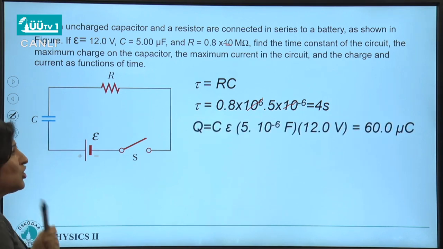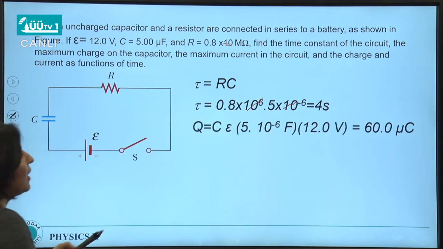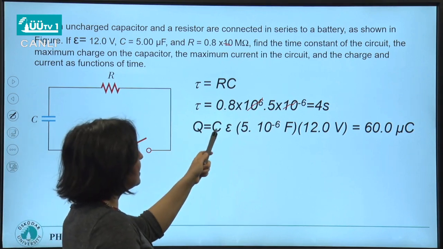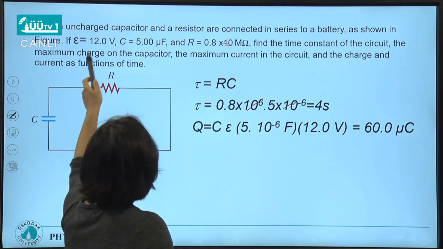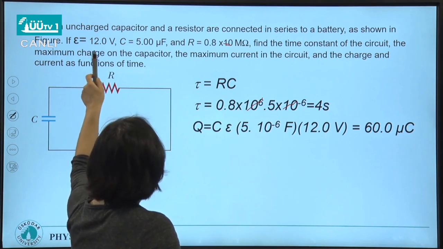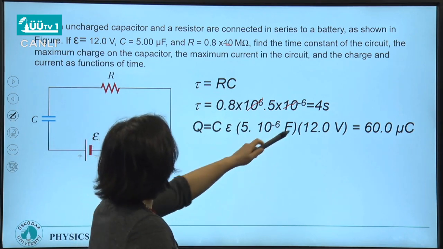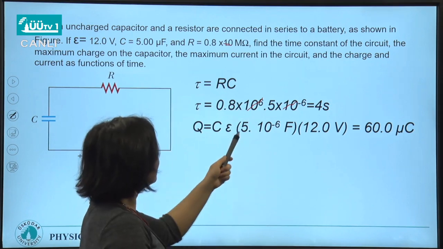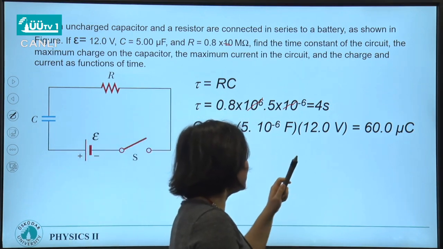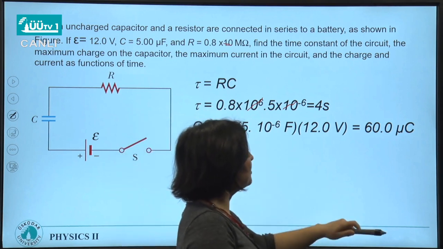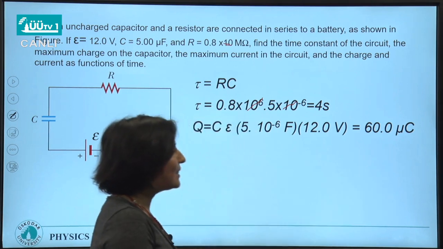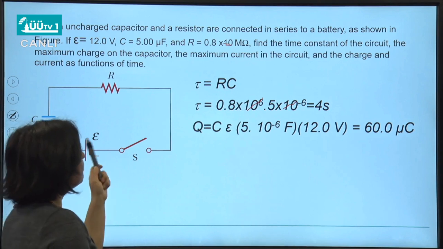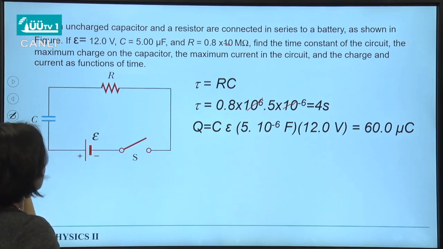What about the maximum charge? Maximum charge should be C times epsilon, and the epsilon, the EMF source, is given here as 12 volts, and you can write the capacitance as 5 times 10 to the power minus 6 farad, and when you multiply them, you will find 60 microcoulombs, the maximum charge the capacitor can have.